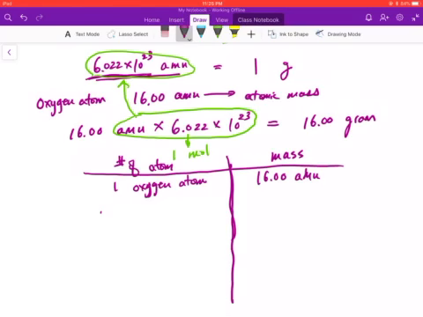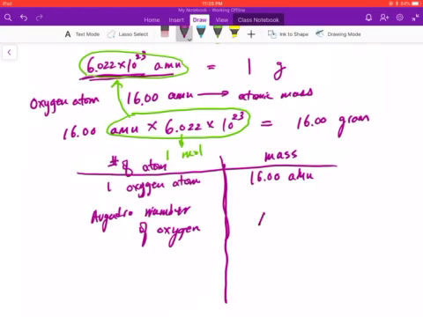What if I have Avogadro's number of oxygen atoms? What's Avogadro's number? That's 6.02 times 10 to the 23rd. This many atoms, how much do they weigh? That is 16.00 grams.